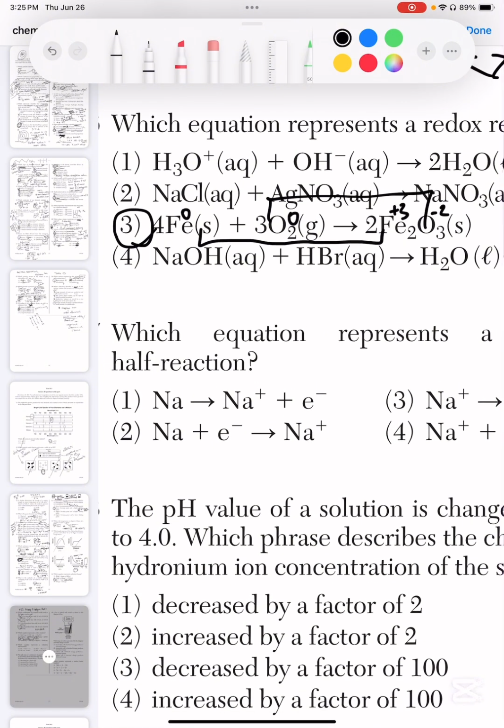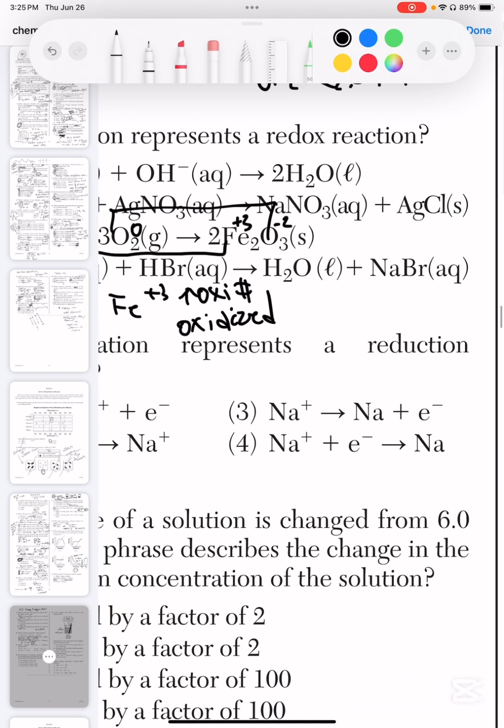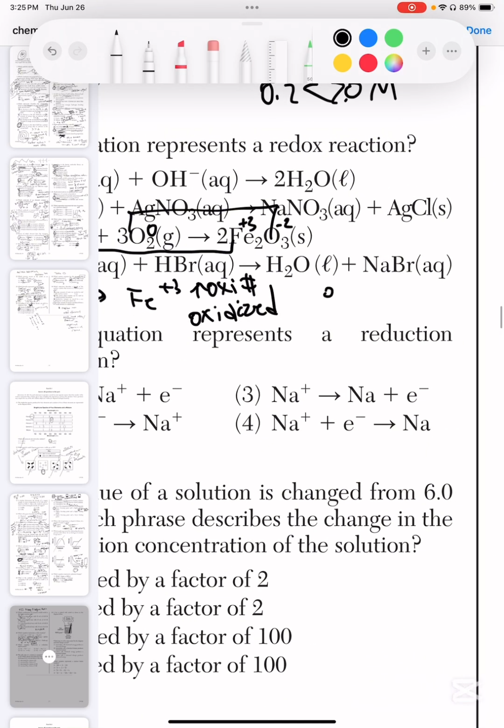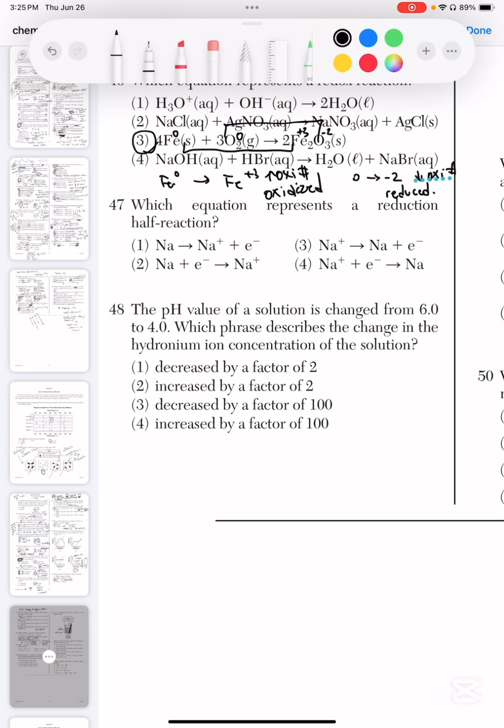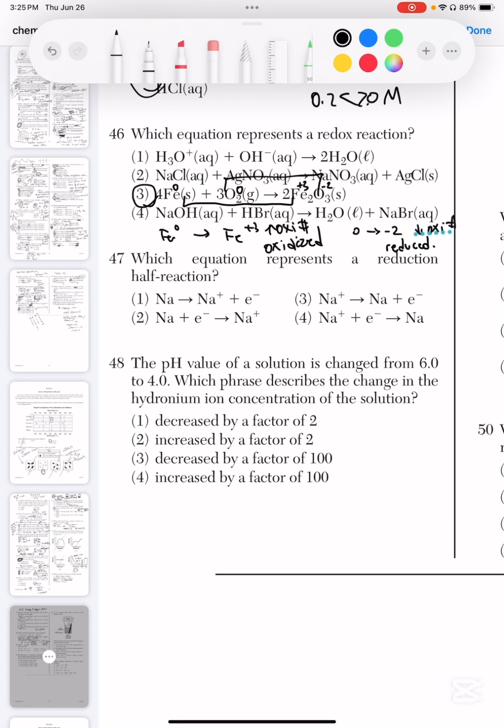We know that because the oxidation number of Fe went from 0 to +3. So there's an increase in oxidation number, which means that this was oxidized. And then the oxygen went from 0 to -2. That is a decrease in oxidation number, which means that it was reduced.